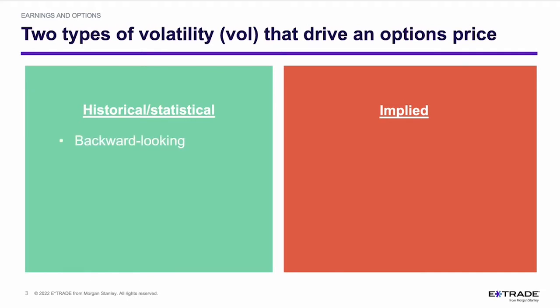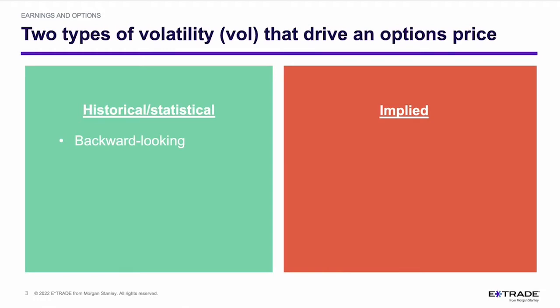Historical, or statistical, volatility is really backward looking. It's simply what the stock has done as far as its variations to the upside or downside. I'm sure you've observed stocks that generally only move maybe 0.5% up or down on an average day, and a big move for those stocks may be up 1% or 1.5%, whereas there are other stocks where an average day is up 3, 4, 5%, down 3, 4, 5%, and a big day is something like 8, 9, or 10%.